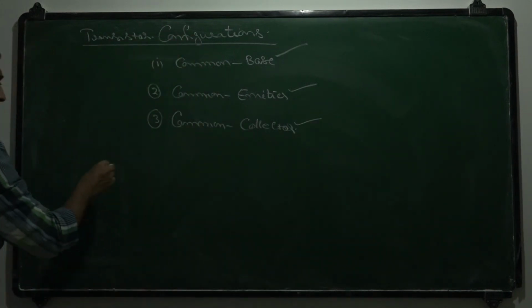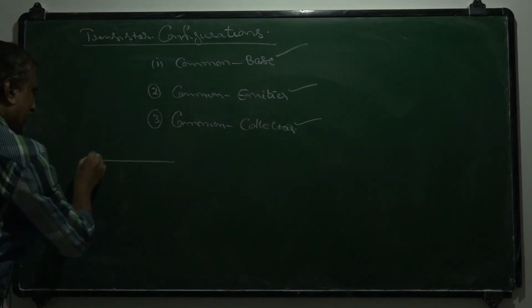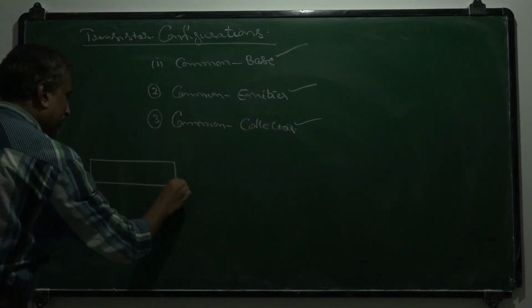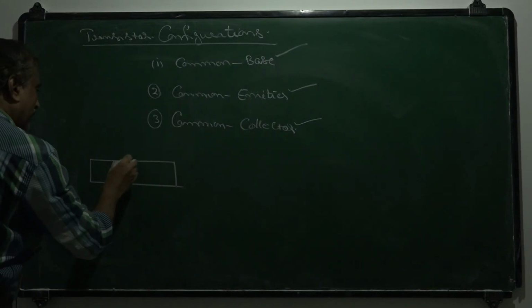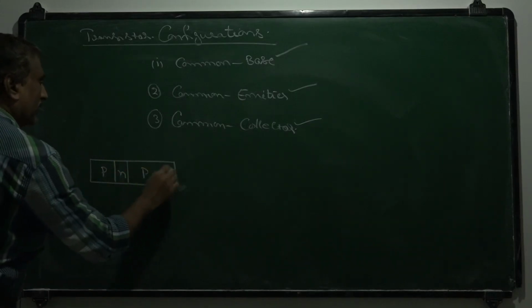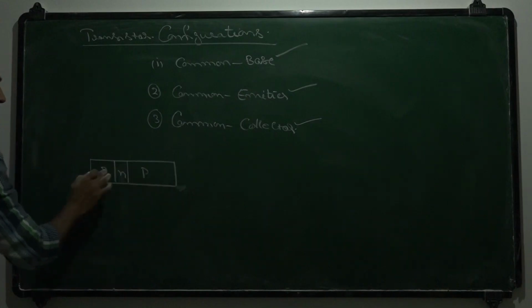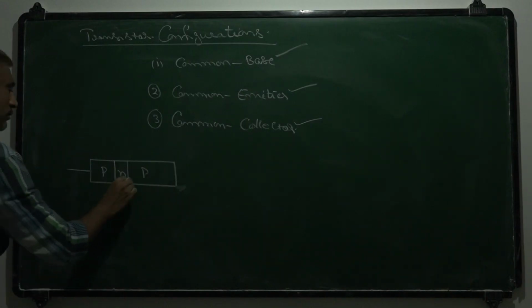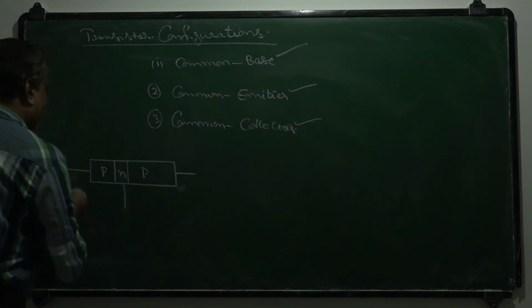So now we can see like this. Common base means like this. If this is the transistor, P, N, P, this is the collector, this is the emitter. So emitter, base, collector, like this.